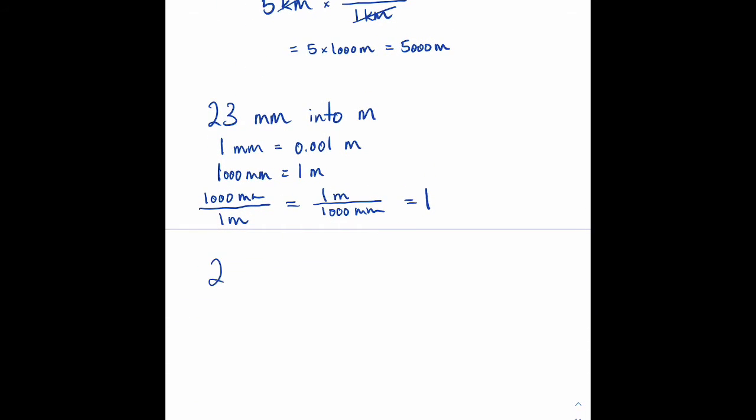So let me start with 23 millimeters. Now, which of these guys do I want? Well, I could multiply by either of those without changing my value because both of those are equal to 1.